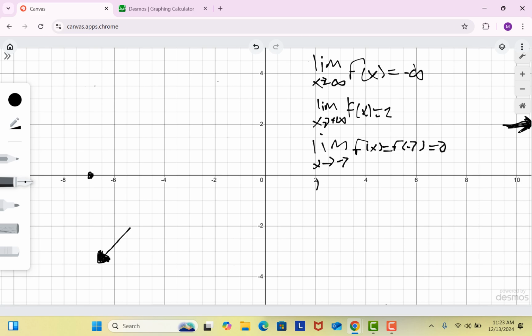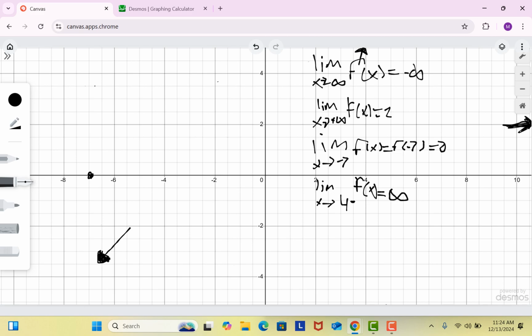Our next limit that we are given is when the limit as x approaches 4 from the left side of f of x equals infinity. So this means that when x approaches 4 from the left side, we're just gonna put this right here.